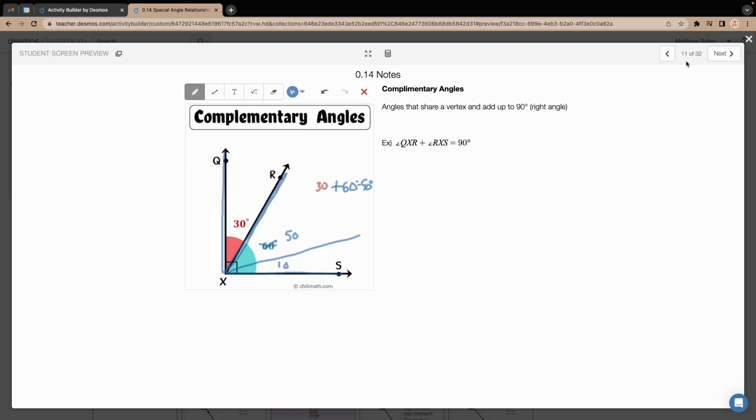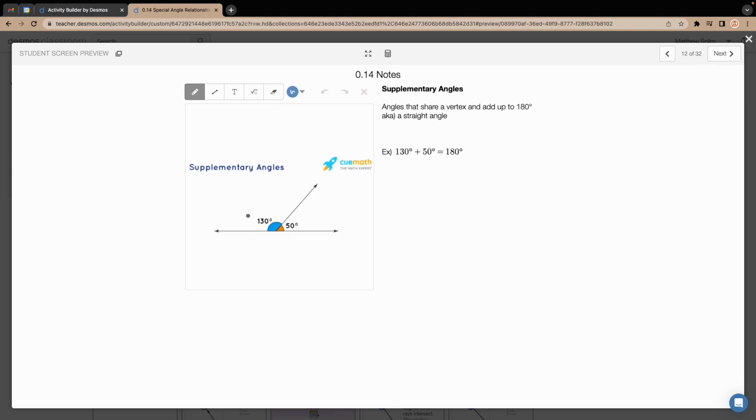Very similarly, supplementary angles are angles that add up to 180 or make a straight line. So if I had a 130 degree angle and a 50 degree angle, that would make a straight line. It's 180 degrees.